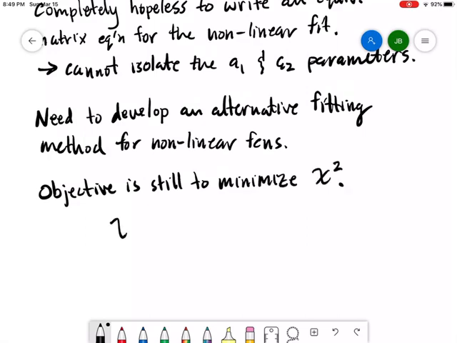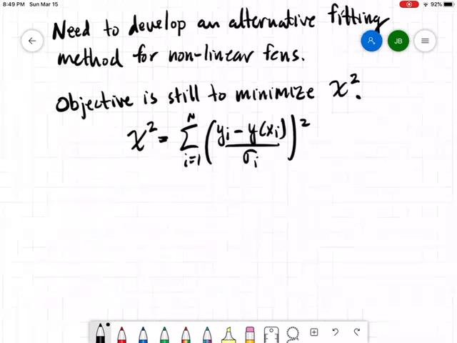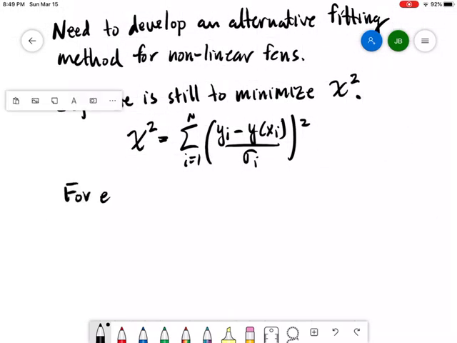Chi-squared, once again, is the sum of the square of the deviations weighted by the uncertainty in y. Let's just stick with our example of the sine function.